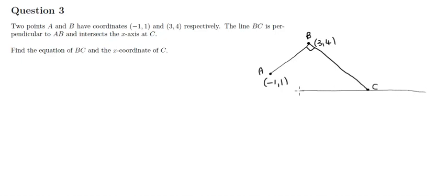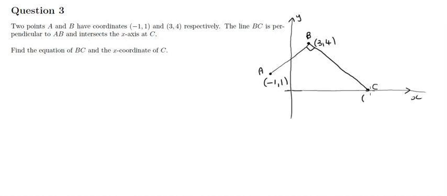So C is the point on the x-axis, and in the y-axis, this is where x is -1 and x is 3. So x is 0 might be somewhere like here. So here we have the y-axis, and here's the x-axis, and here's point C. So just make sure that makes sense. The line BC is perpendicular to AB, and C is the point where it hits the x-axis.